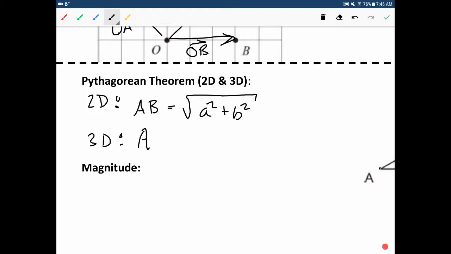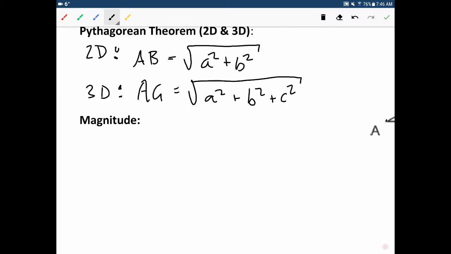So AG is going to be the square root of a squared plus b squared plus c squared. I don't know why we don't show that it works in 3 dimensions earlier, but we do now. So there we go. Now you know. Knowing is half the battle.